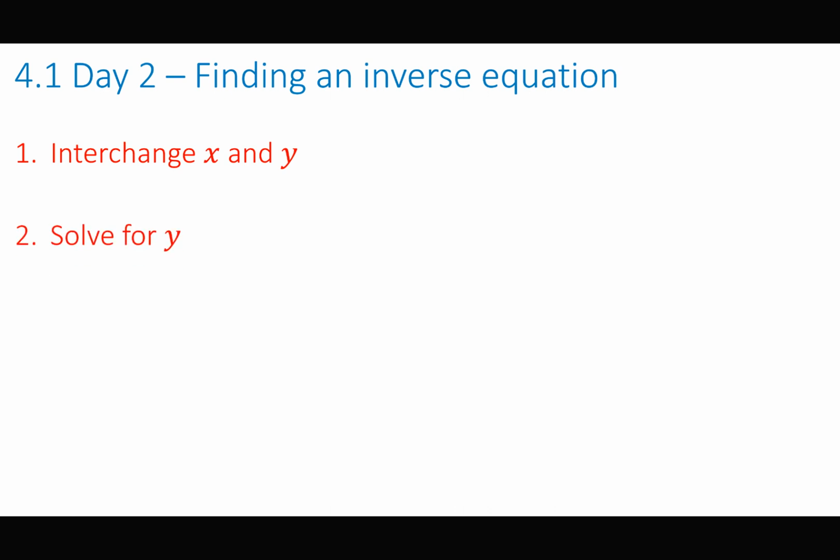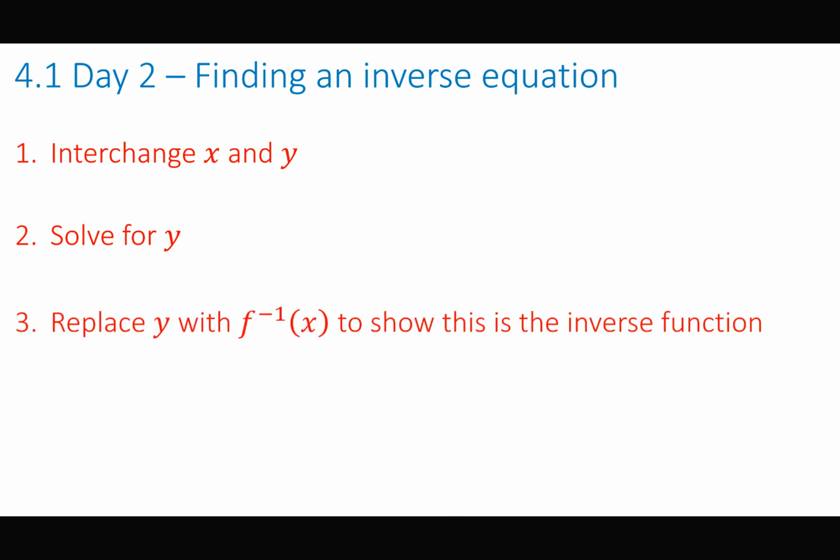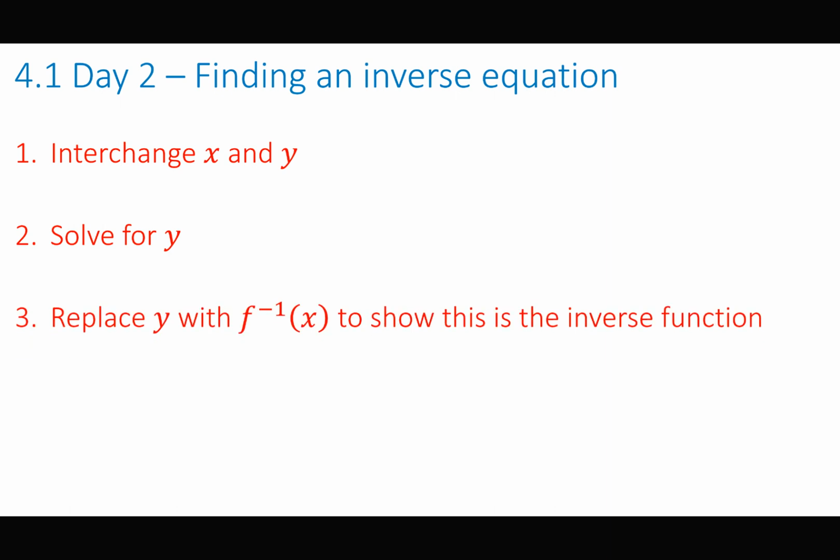After you've interchanged the x and the y, then solve for y. Get it to be y equals, and not 6y equals, straight up y equals. So you might have to divide away the coefficient. And then the last step, you're going to replace your new function y equals with f inverse of x, or just f inverse.